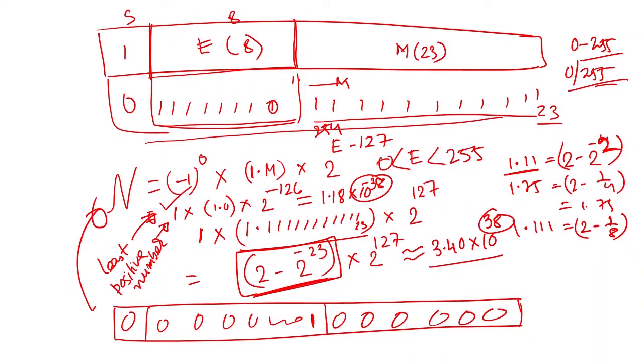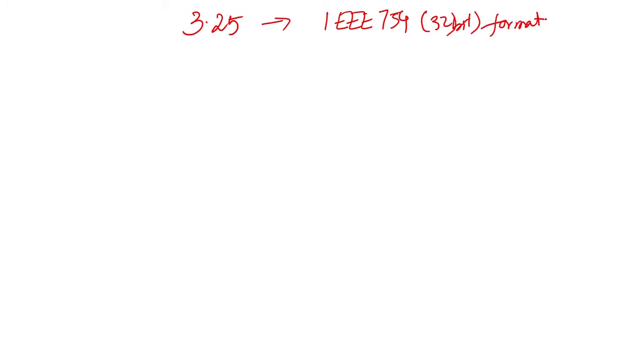Okay. Now, what do we do? We will check how we should represent a number. Let us take one example here. Let us say we want to represent the number 3.25 in IEEE 754 32-bit format.